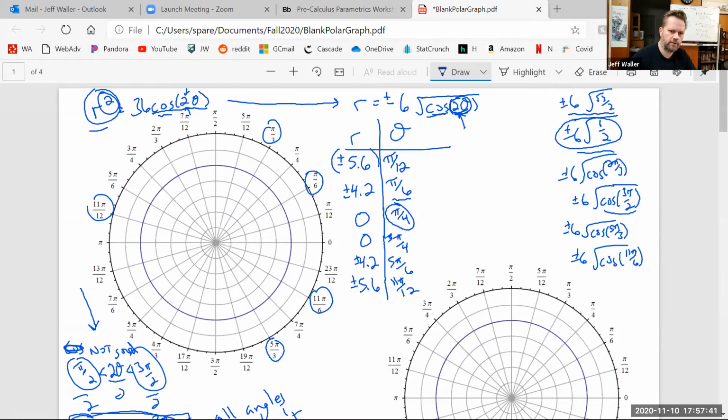I'm trying to show you some shortcuts. This happens so much because these are periodic functions. Of course, I'm going to get equivalent outputs for a lot of different things because it goes through the same values over and over and over and over. All right.